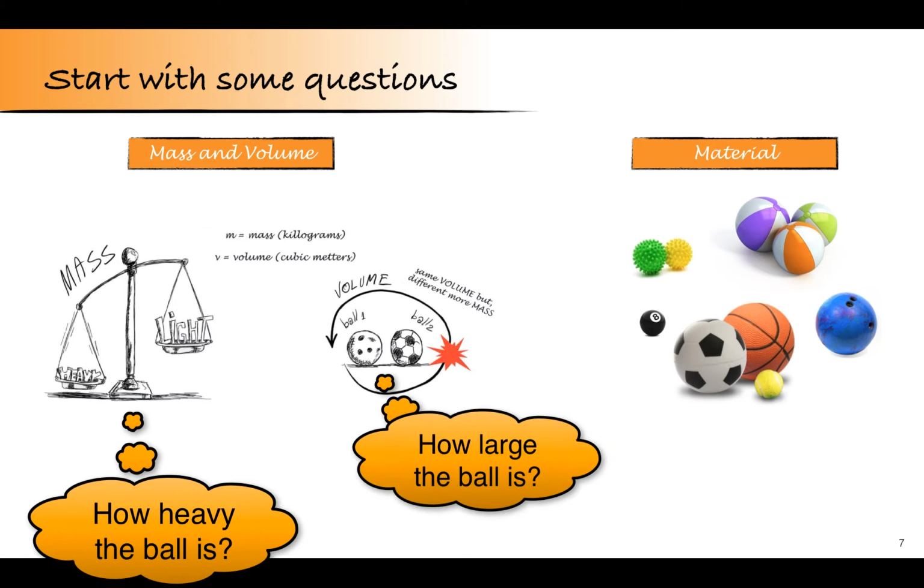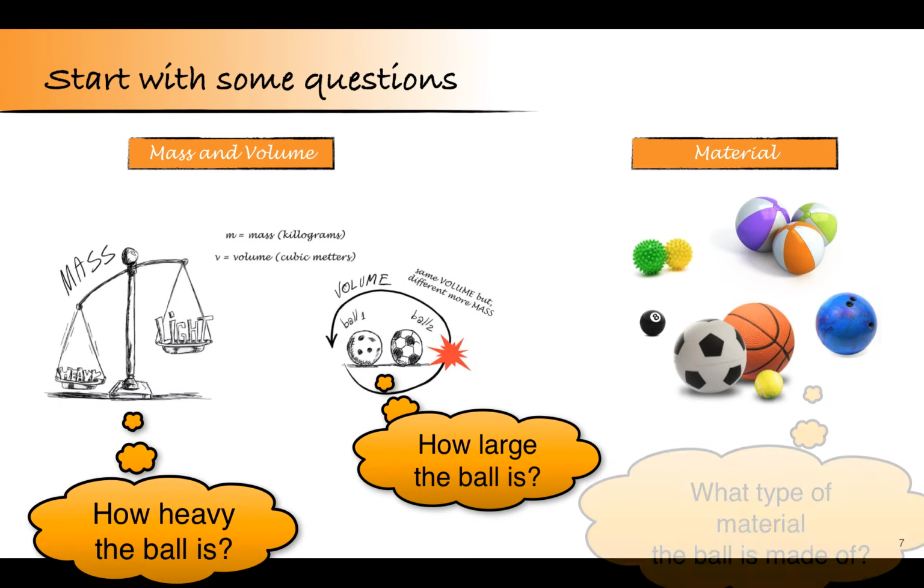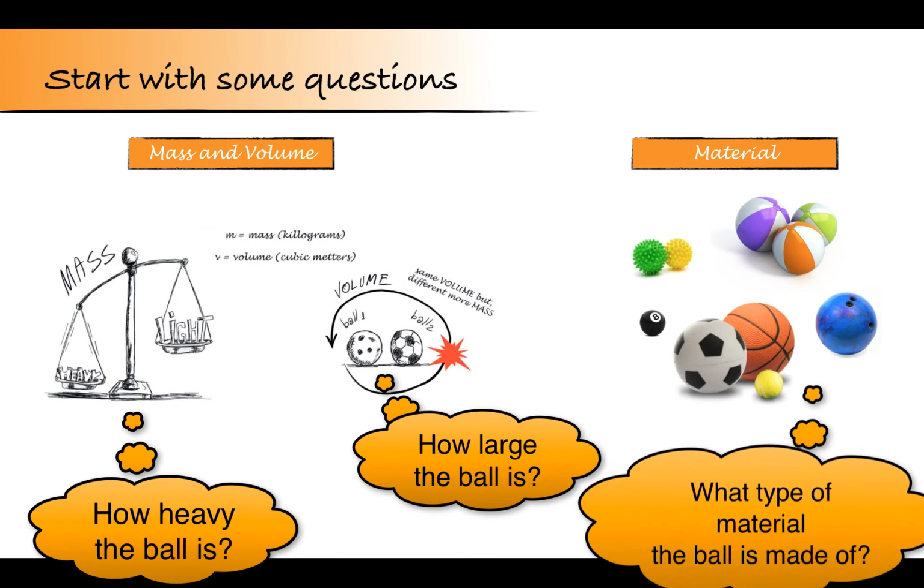How large or how small is an object. And then we have the material, which may tell us information about the flexibility or rigidity of an object. So mass, volume, and material in animation are characteristics which we need to understand in order to create a good illusion of life.